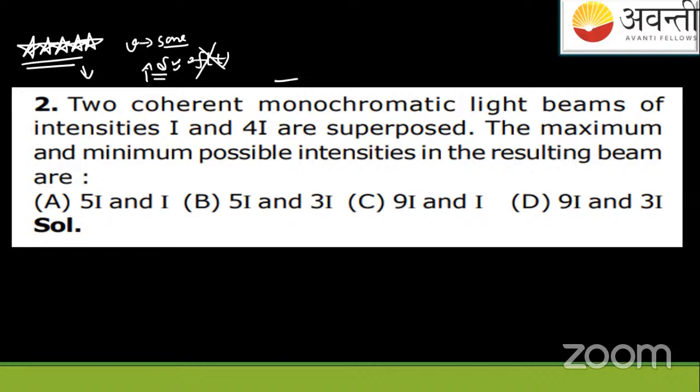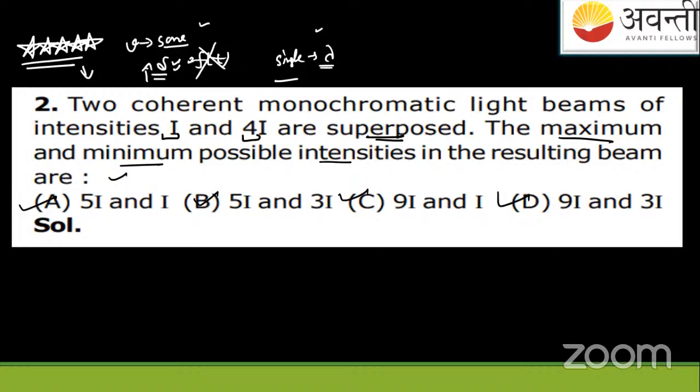Now monochromatic means single wavelength. When coherent monochromatic light beams of intensities I and 4I are superposed, they're asking you the maximum and minimum possible intensities in the resulting beam. What will it be? Your options are A, B, C, or D. You have to answer it, students.